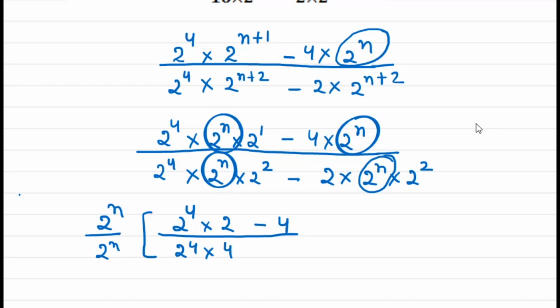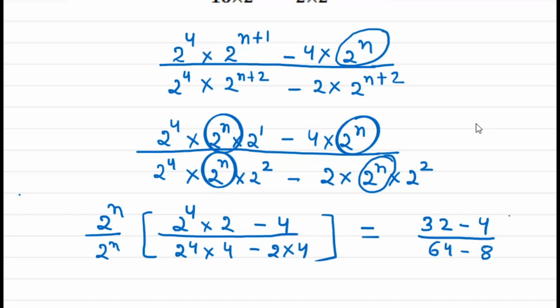I'm just writing 2^2 as 4 into 2, and here also 4. Now this part you can cancel out, so what we will get? Here it will be 2^4, 16 into 2, 32 minus 4, divided by 16 multiplied by 4, 64 minus 8.